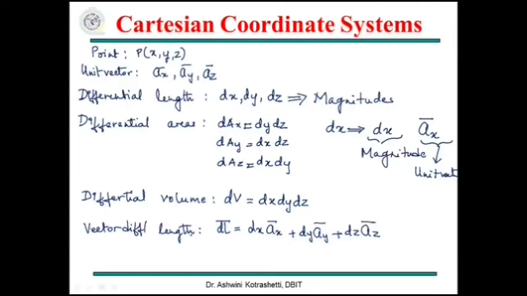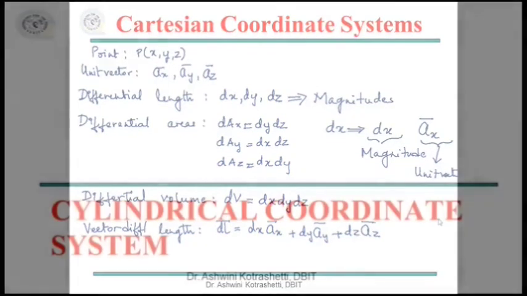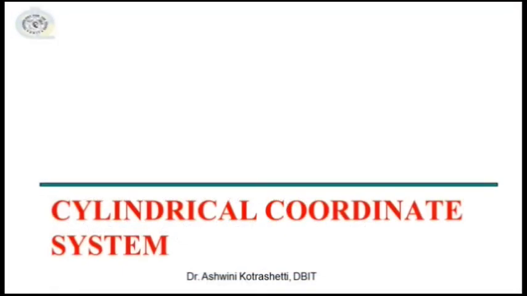Likewise, we will also be considering the cylindrical coordinate system and the spherical coordinate system. Having thoroughly understood our Cartesian coordinate systems, it's now time for us to move on to cylindrical coordinate systems.